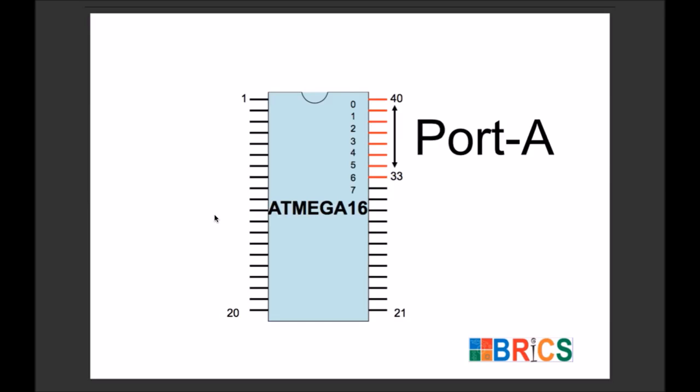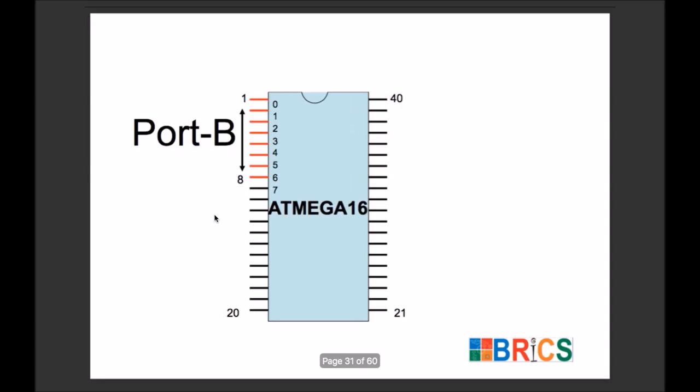These 8 pins, or these 8 bits, are actually representing 1 byte. So we can assume that the MSB of that byte is pin number 33 and the LSB is pin number 40.